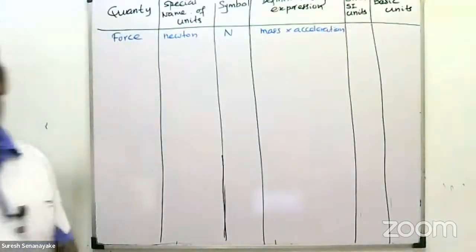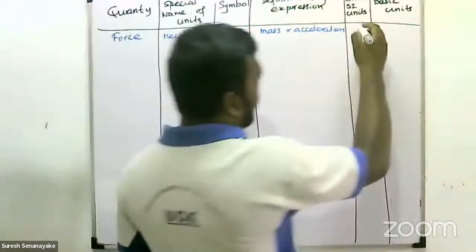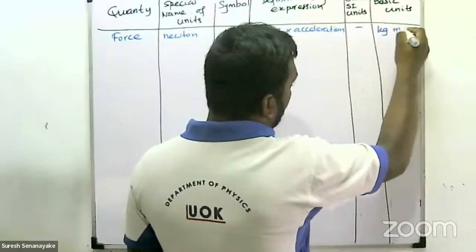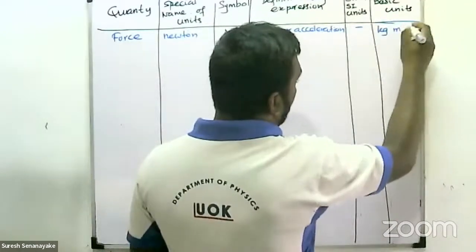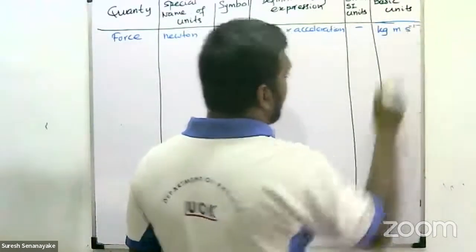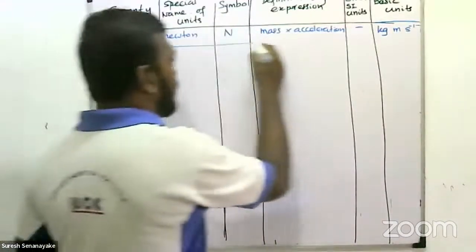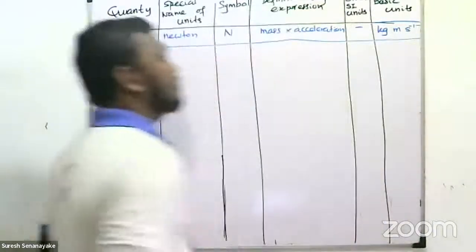The other SI units is same as Newton, we don't need to write it. And base unit is kilogram meter per second.